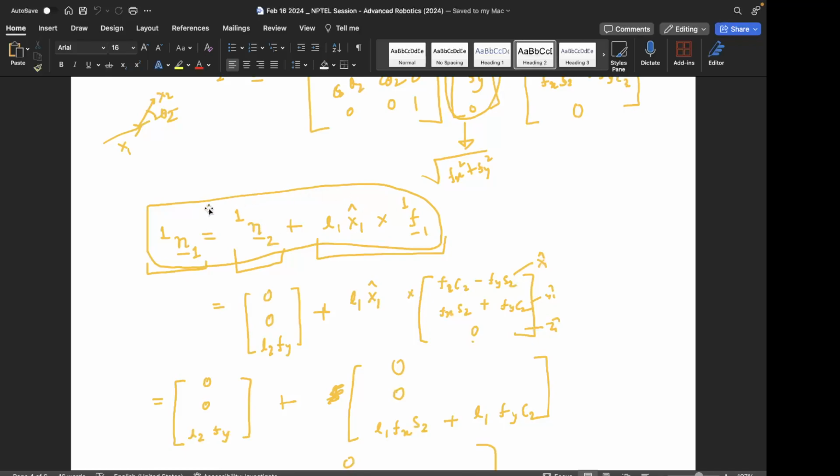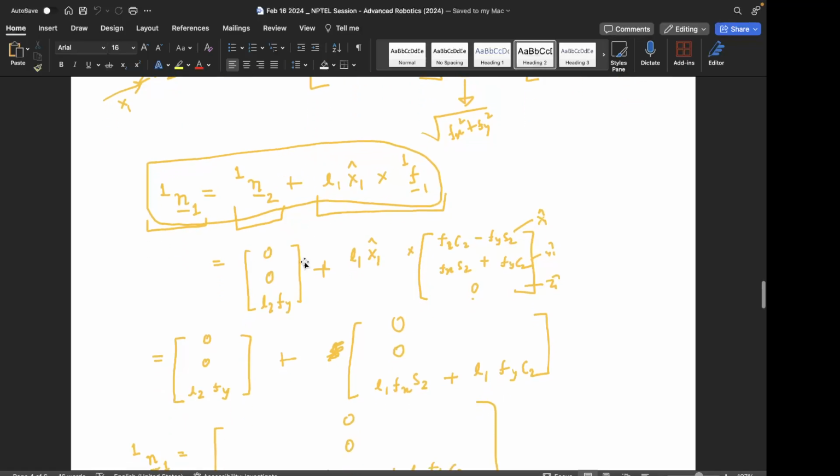So this is the expression which I have boxed here. There are two sources of generating moment at joint 1: one is the reaction torque due to the torque at joint 2, and the other is the moment of the force acting on link 1 at a distance L1 from the axis.